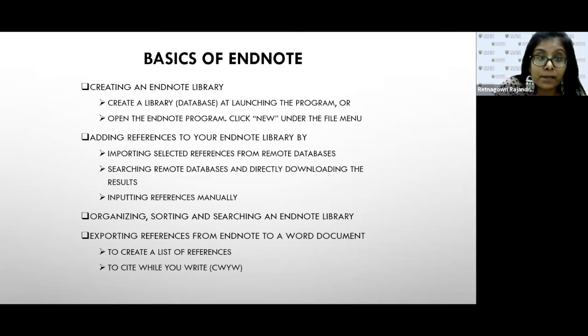So you create the library, then you import your references in. You could import by searching through EndNote itself. You can import it when you look at PubMed or Web of Science, then you can import it into EndNote when you're reading it. There are links in those kinds of sites. And then you can organize it. So within EndNote, you organize it.